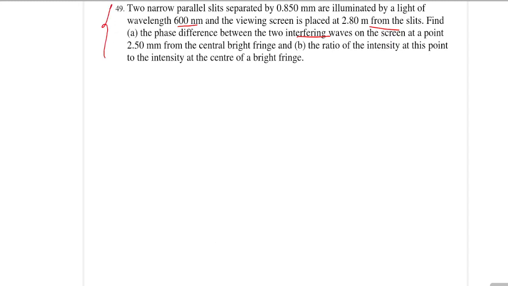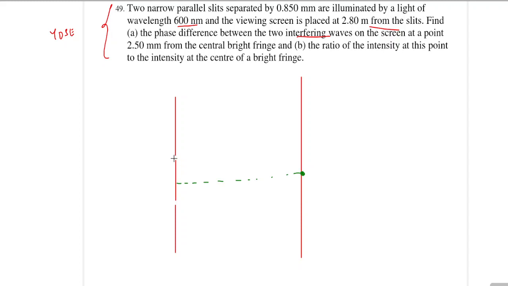It looks like a very lengthy question, but the basic idea is quite simple. This is based on Young's double slit experiment, where we have a screen, we have two slits, narrow openings, and in front we have a screen. What happens here is, if we look at the center of the slits, this would be a bright band.